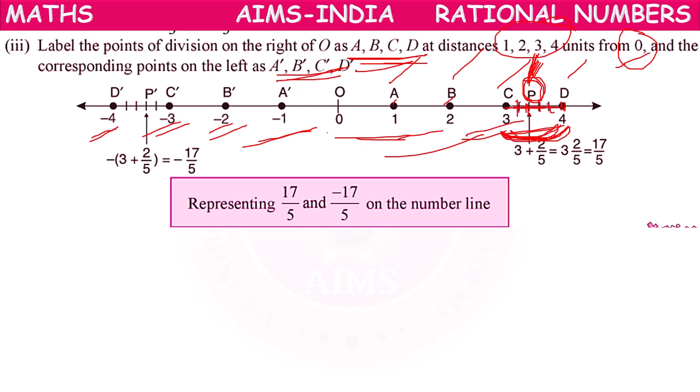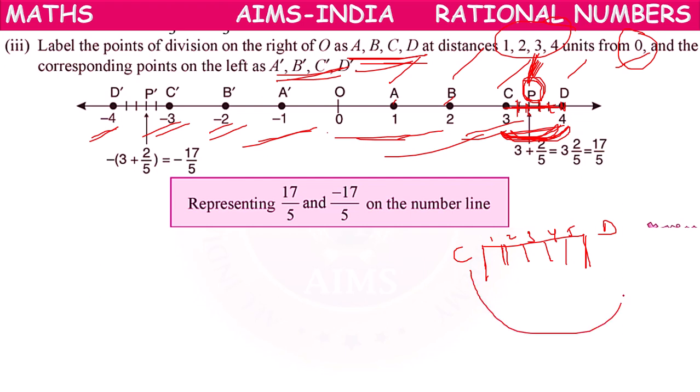The distance between C and D, with the help of 4 points. This is C, this is D. With the help of these points, first part, second part, third part, fourth part, fifth part.